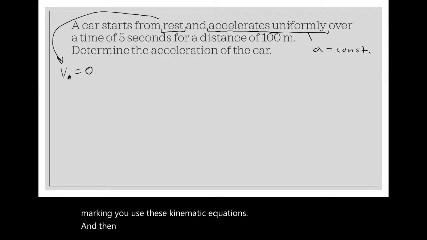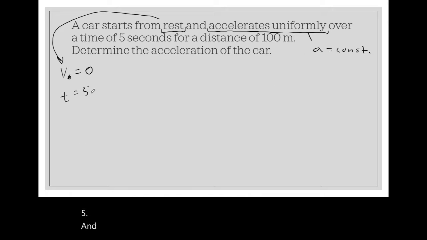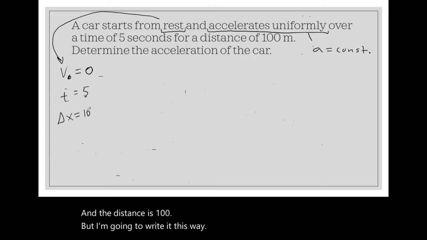And then we see it says accelerates over a time of 5 seconds. So t equals 5. And the distance is 100. But I'm going to write it this way. I'm going to write delta x is equal to 100.